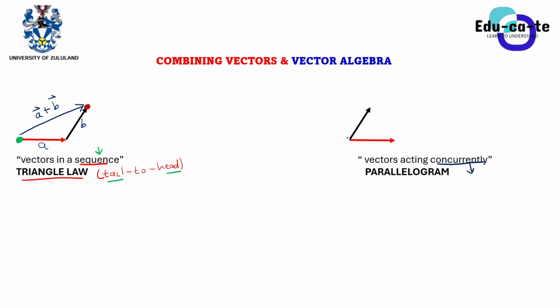The tail of this black vector is found at this point. If we identify the tail of the red vector, it is also at the same position. So these vectors are at the same point, or you can say that they are acting concurrently on an object. This will apply further when we talk about forces.